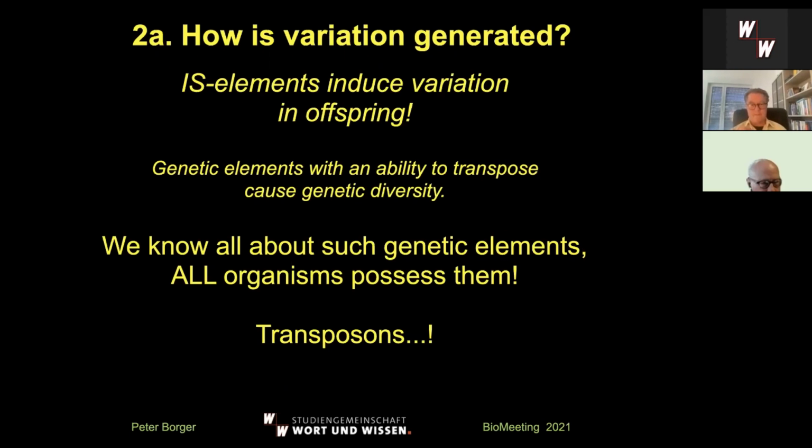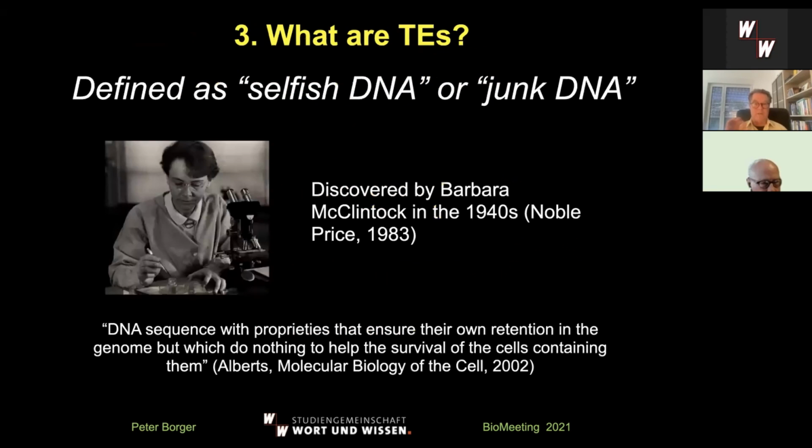And all organisms have them, and they were in those days still regarded as junk. But these elements are transposons, or nowadays they are called transposable elements. So every organism has them, and we know this already a very long time, and they've always been seen as selfish DNA or junk DNA, but they were already discovered in the 1940s, 50s by Barbara McClintock.